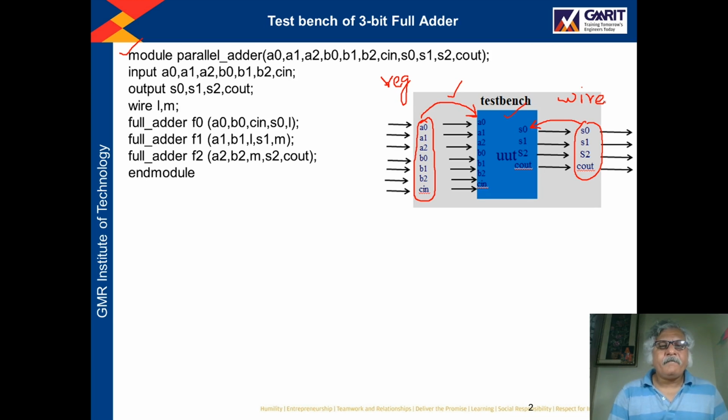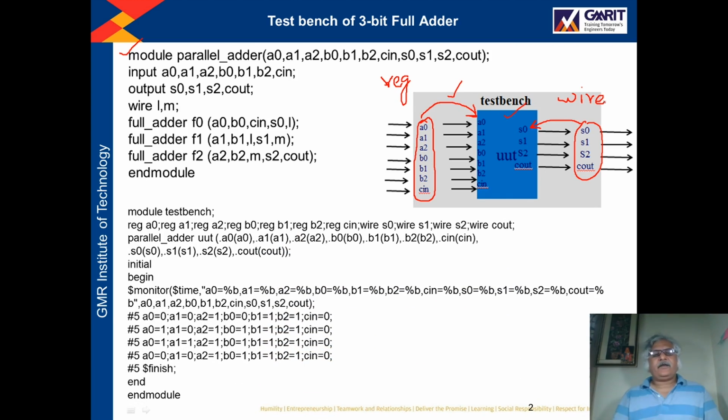Okay, so here this is a test bench. The name of the test bench is test bench itself, and here you see reg A0, reg A1, reg A2, reg B0, reg B1, reg B2, reg Cin.